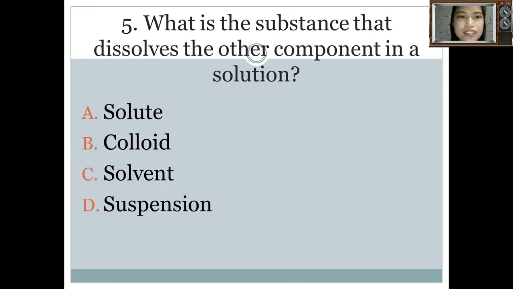So the last item, what is the substance that dissolves the other component in a solution? Choices are A, solute, B, colloid, C, solvent, D, suspension.